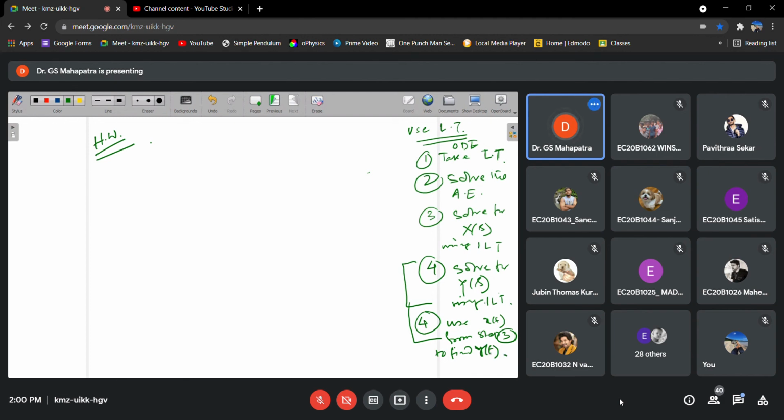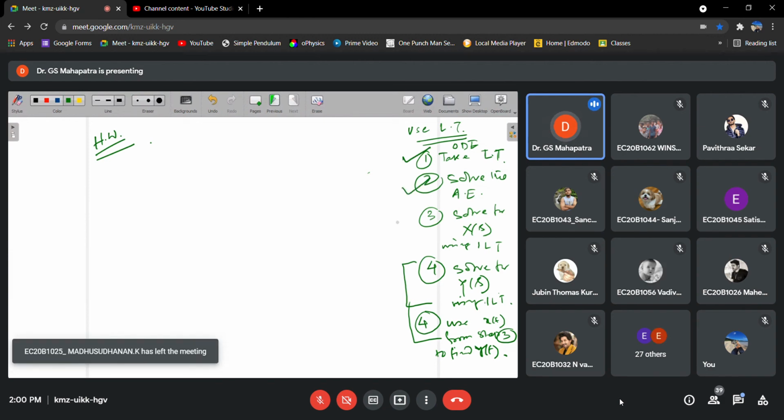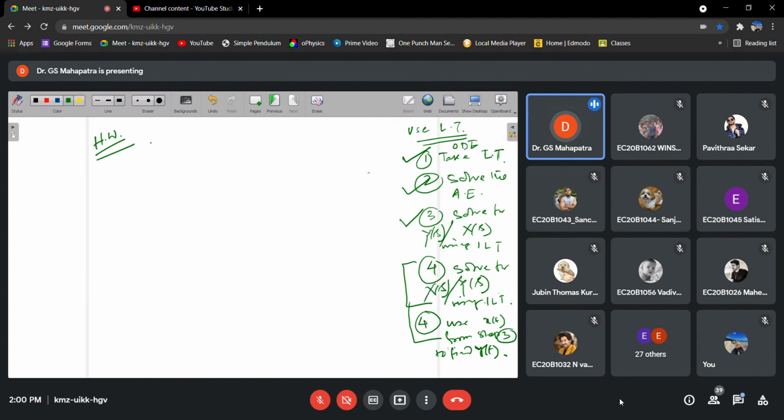So these are the steps. You have to do this one, and this one, and either x of s or y of s. It is your choice. If you choose the other, then here also it will change. Here also you have to find x of t.